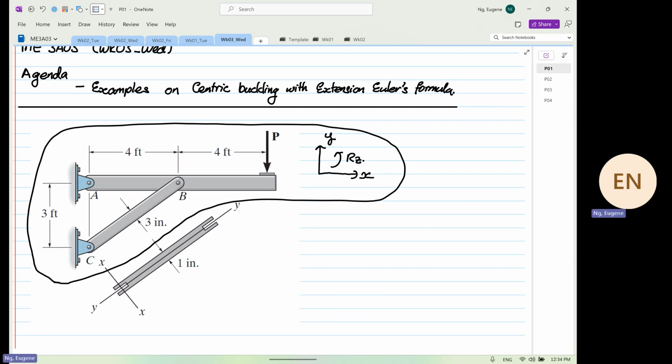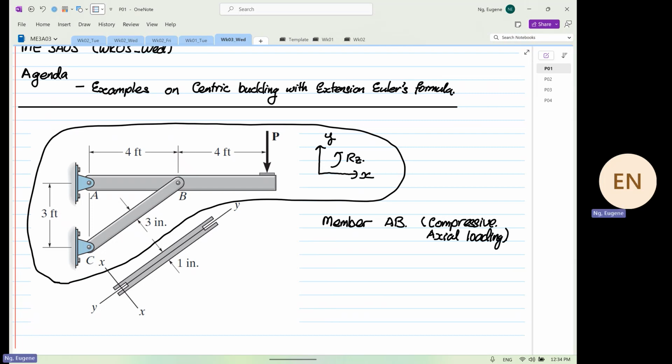We are going to focus on member AB. Member AB is the structure that is under compressive axial loading.